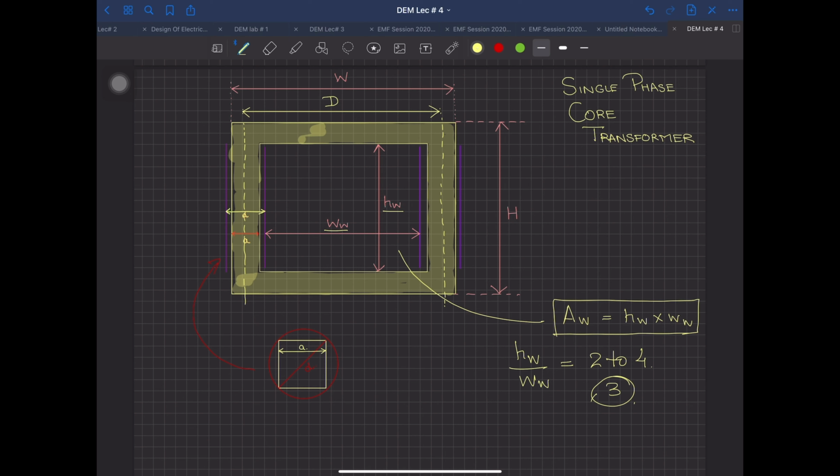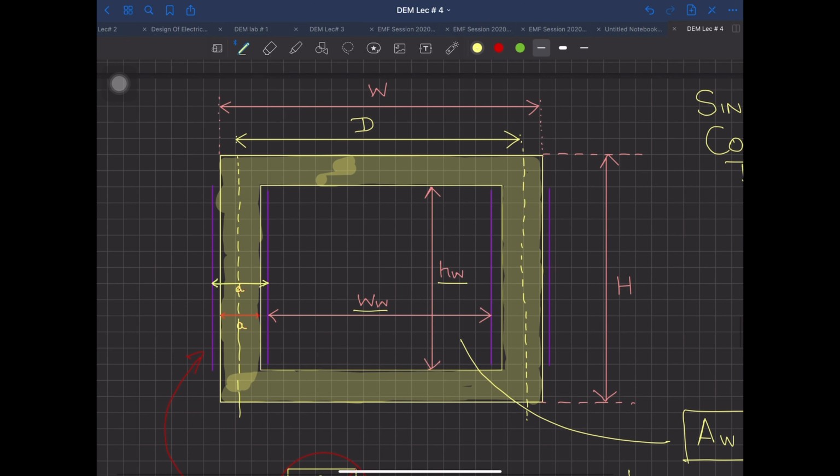Second thing which is very much important, which we have not just talked over there, this area. This area and this area, they are called as the yoke of your transformer.